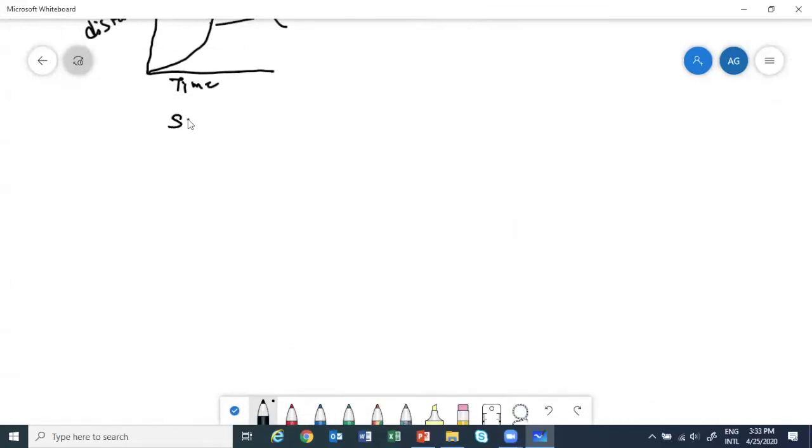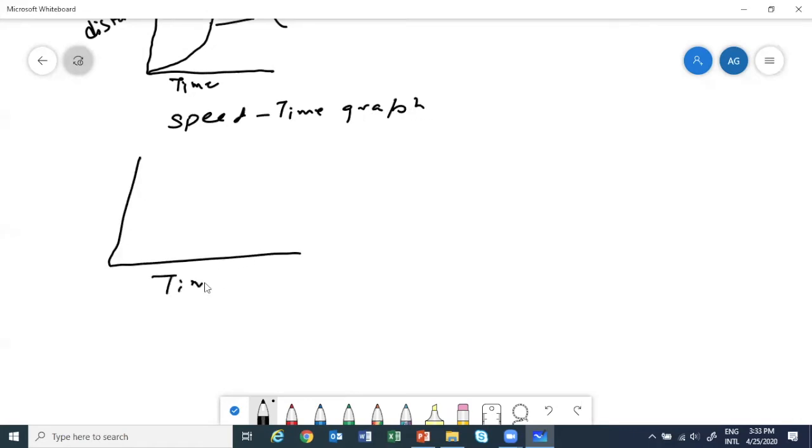If we go with the speed time graph, if it is time and speed, this means every time there is the same speed, so this is called constant speed.